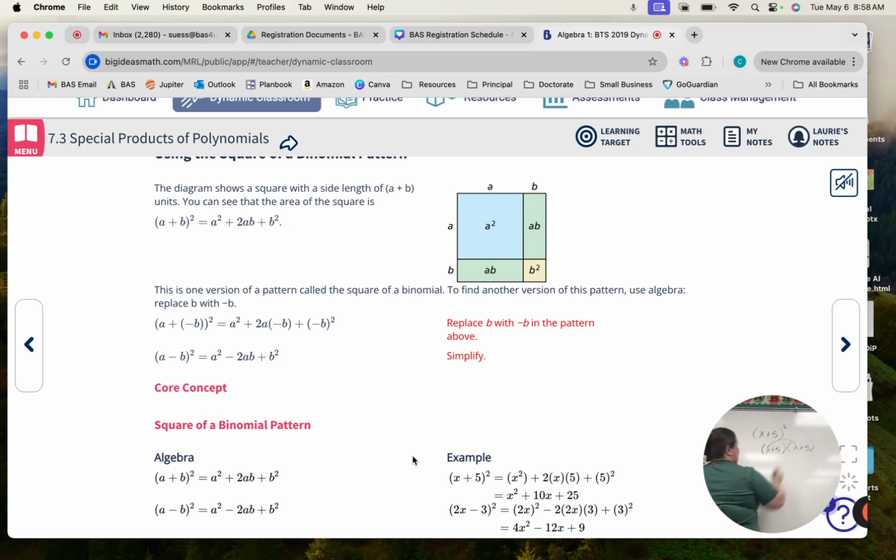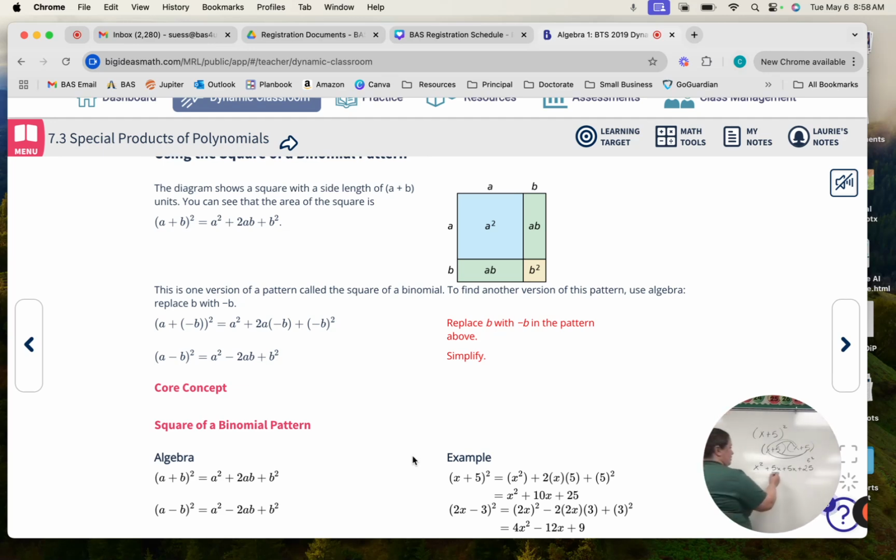So FOIL, we have x times x, which is x squared. And then we have x times 5, which is 5x. And then 5 times x, 5x. And then 5 times 5, 25. Could I also have written this as 5 squared? Yeah, you could. No reason to. We're going to solve it, so it doesn't matter.